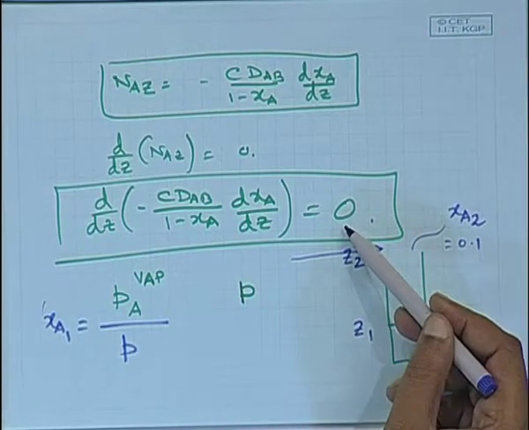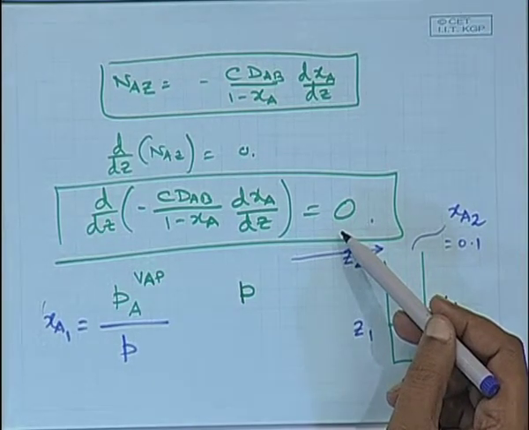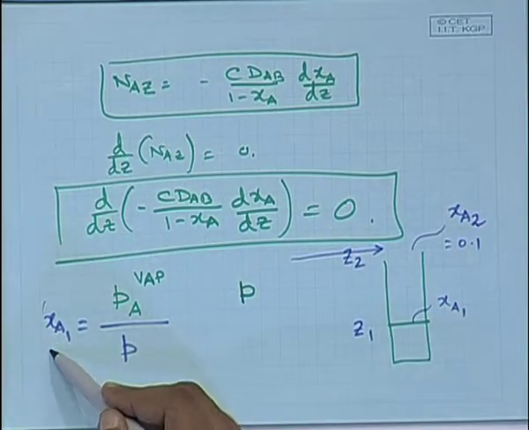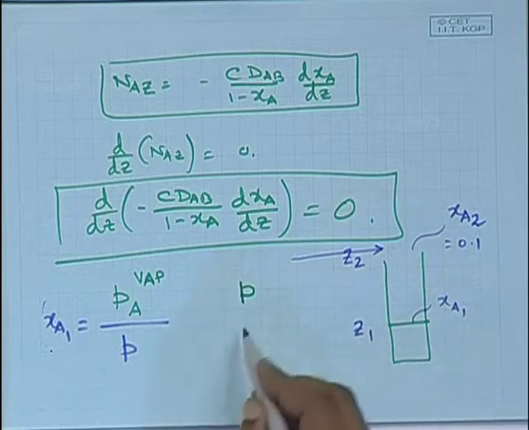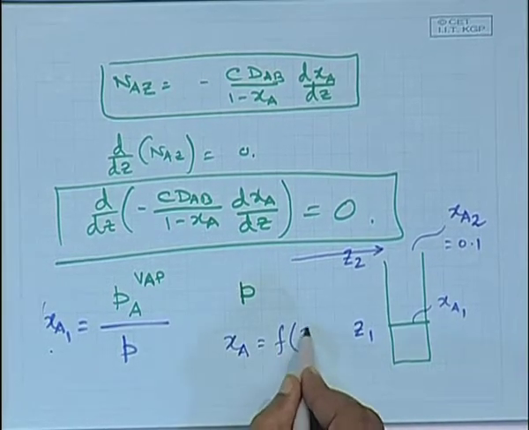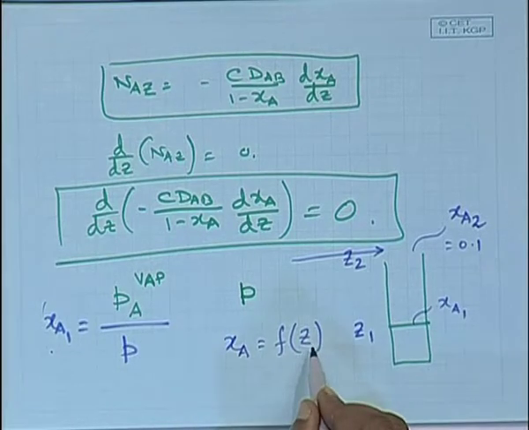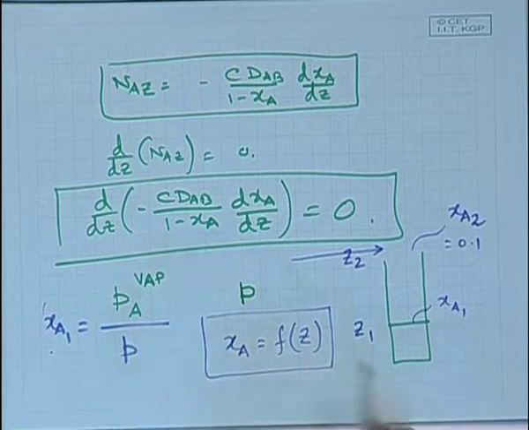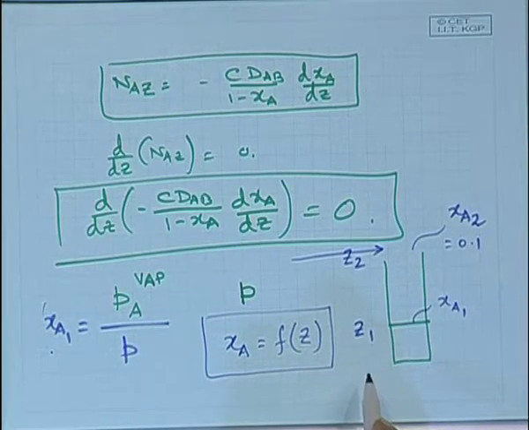So, this equation integrated twice with the boundary conditions XA2 known and XA1 known, you should be able to find out the functional form of XA with respect to Z. This is what you would like to find out. And what are the other parameters?